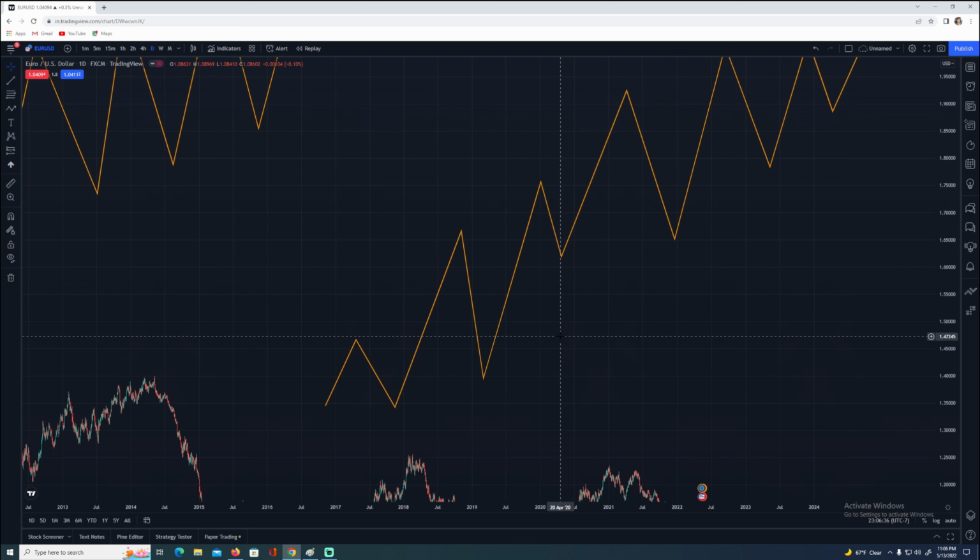The same thing happens in the market. We don't just print money out of thin air. Every time you get into a trade and you're making money, somebody else is losing money, and that money is coming out of their account and going into your account. And every time you're losing money, somebody else is taking that money. So there are always two sides to the same coin, always two parties to the same transaction.